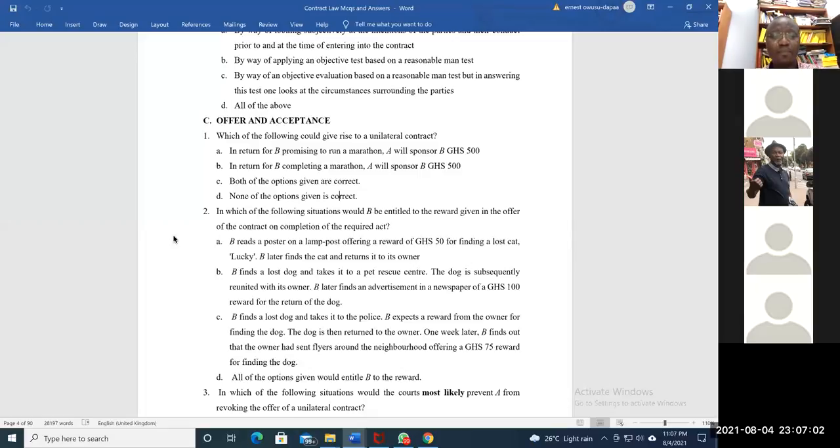But let's move on. B, in return for B completing a marathon, A will sponsor B 500 Ghana cedis. So in B, we see just one promise, and the promise is by A that I will give 500 Ghana cedis if you complete the marathon. So all that is required of B is to complete the marathon.